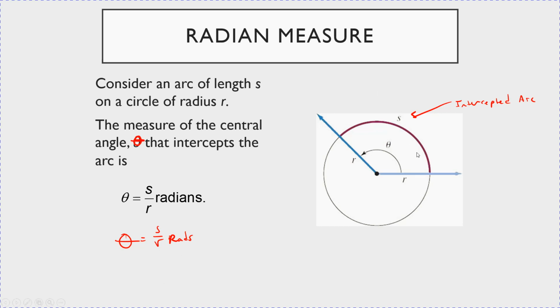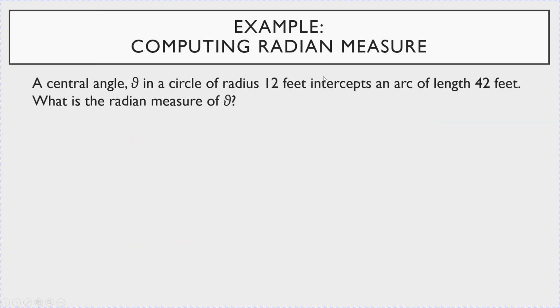All right, so let's talk about how you find the measure of an angle in radians. I'll give you an example here. A central angle theta in a circle of radius 12 intercepts an arc of 42 feet. What is the radian measure of this angle theta?